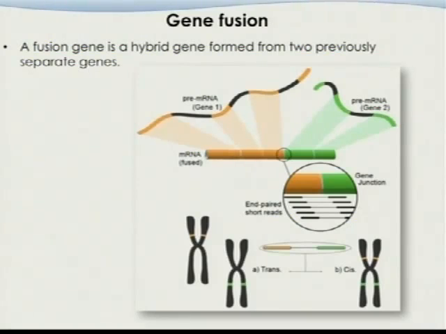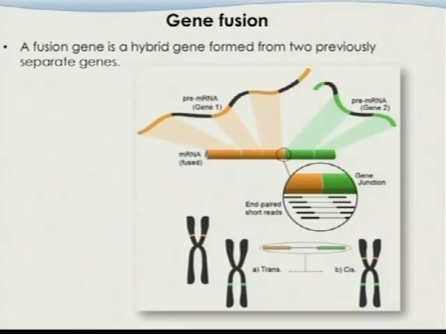However, because something happened at the DNA level, these two chromosome parts connected to each other. So the end result is you will see some transcripts that start from this part and end towards this part. This has been observed a lot in cancer cells.